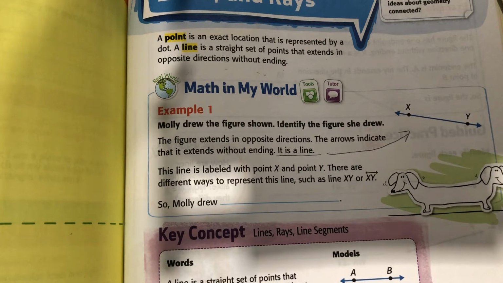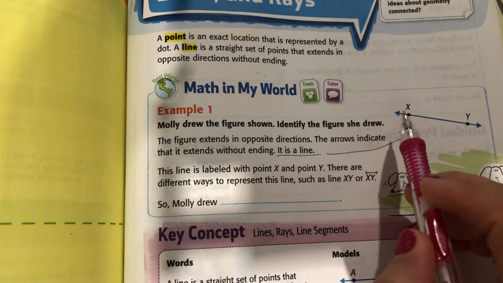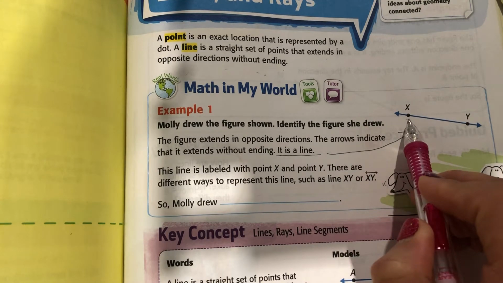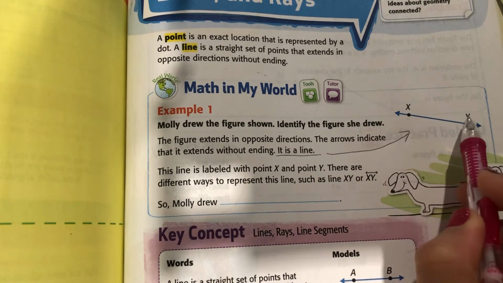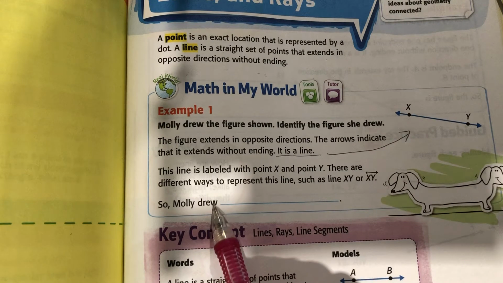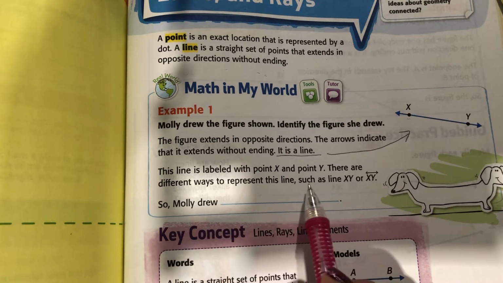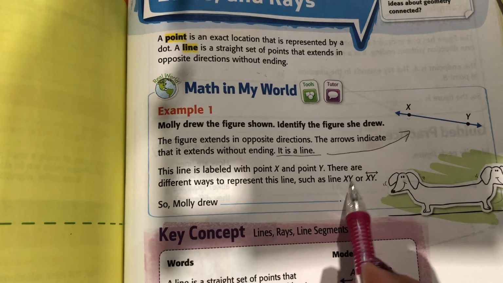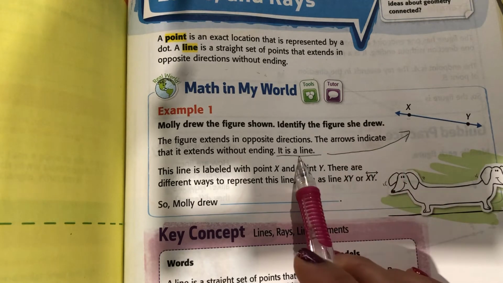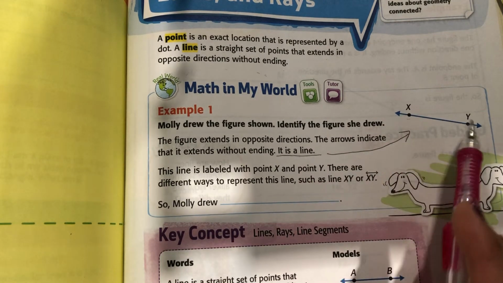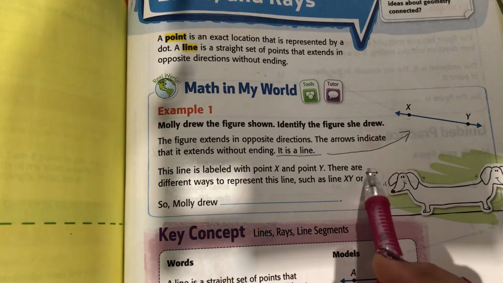This line is labeled with point X and point Y. So when you have a dot here, we call that a point. Point X, point Y. Okay. There are different ways to represent this line, such as line XY. So because it is called a line, it's labeled X and Y, or you can put this little symbol here.